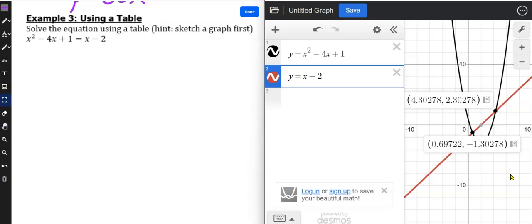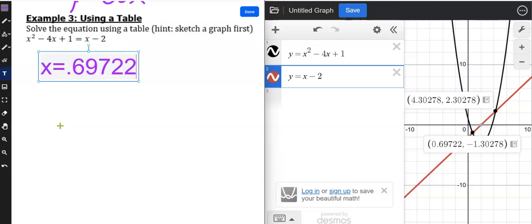So this is not an inequality. This is an equation, so we want the exact values. So our estimations are going to be x equals, why isn't it typing? I thought I said x equals, we've got one answer at 0.69722, and x equals, you know what, we can just put a comma and then do another one.